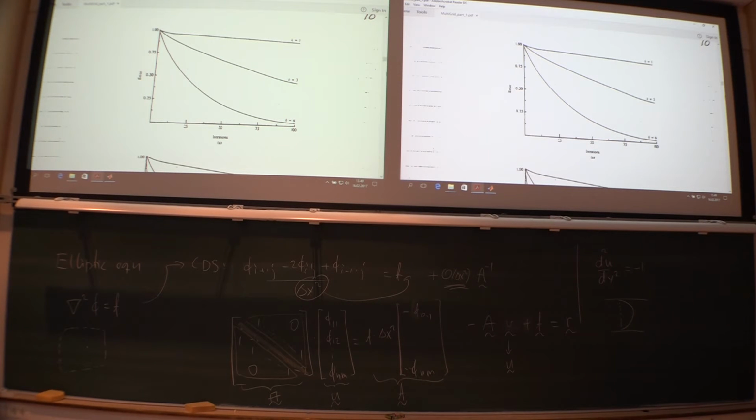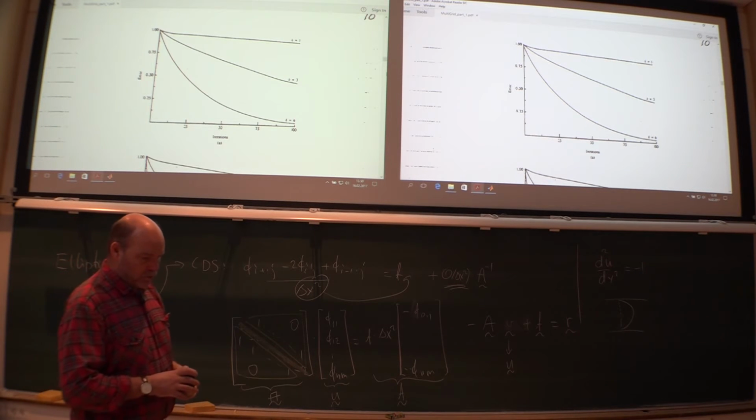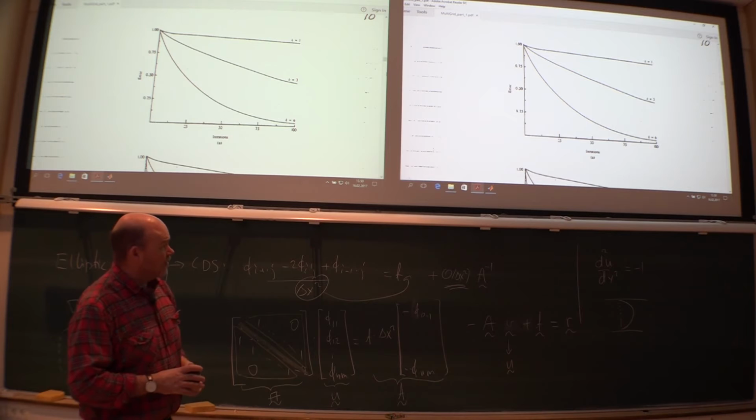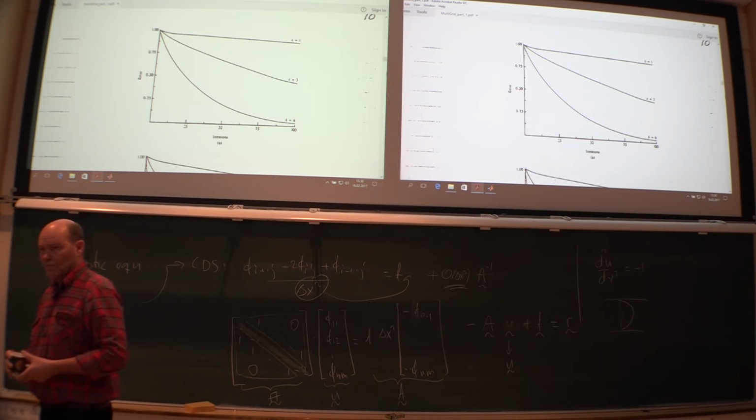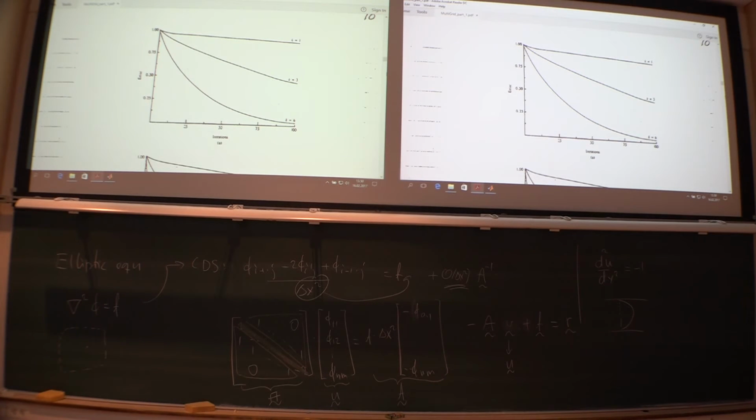The error versus the number of iterations. And it's not that many points here, but you see definitely what's going on. If you have low frequent error initially, k equals 1, you see the error has hardly dropped at all. But the higher the frequency, the quicker the error is going to drop.